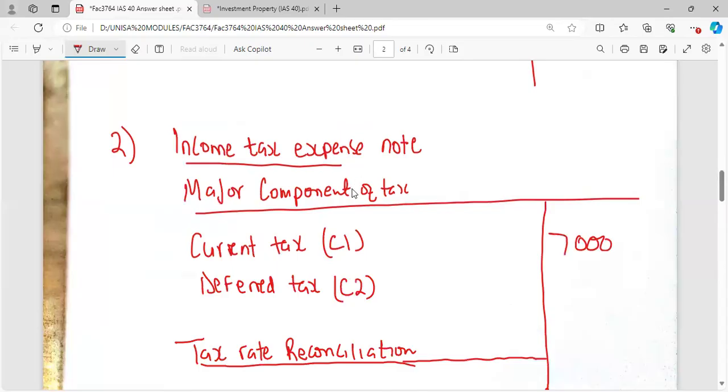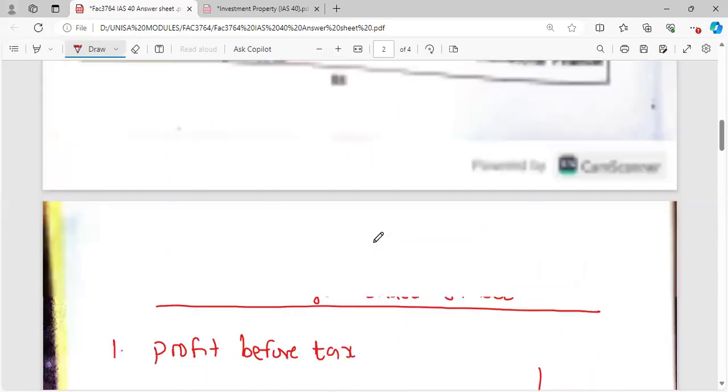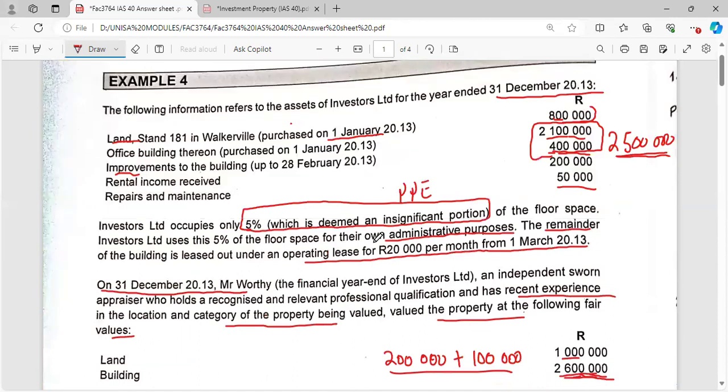Then you want to calculate the deferred tax. That's calculation 2. How do we calculate our deferred tax? We look at the components of the deferred tax. What is going to make up the deferred tax?